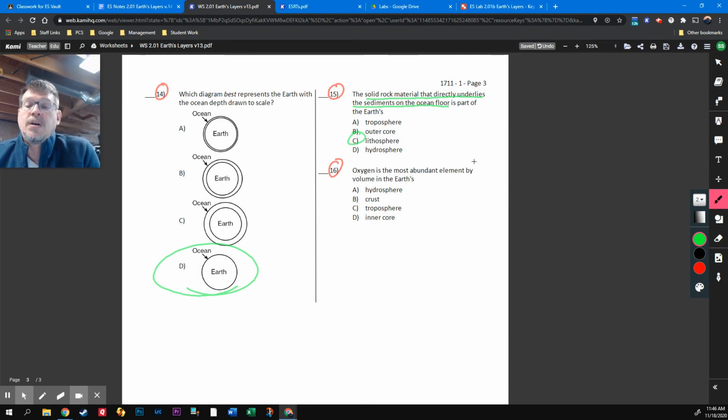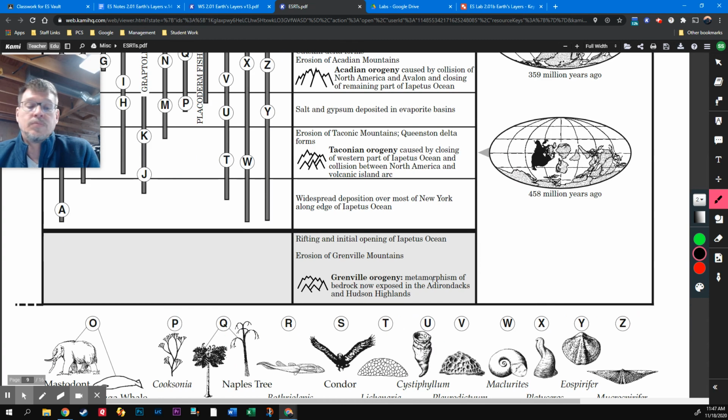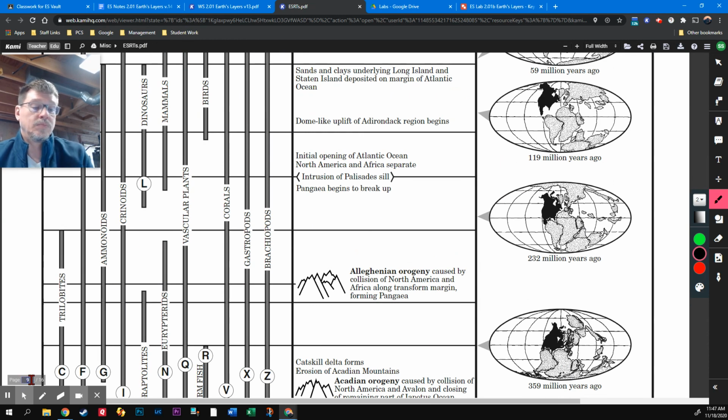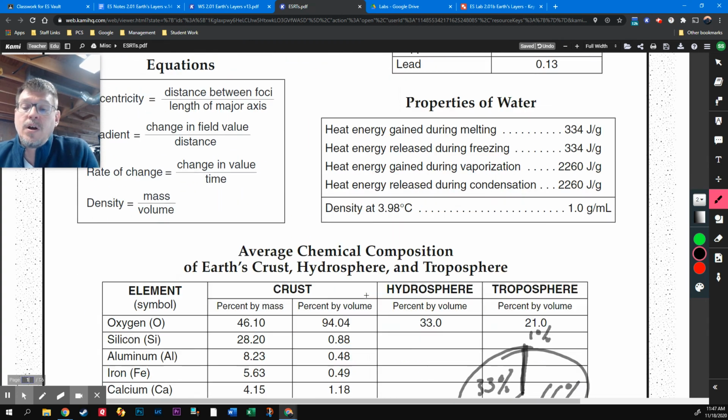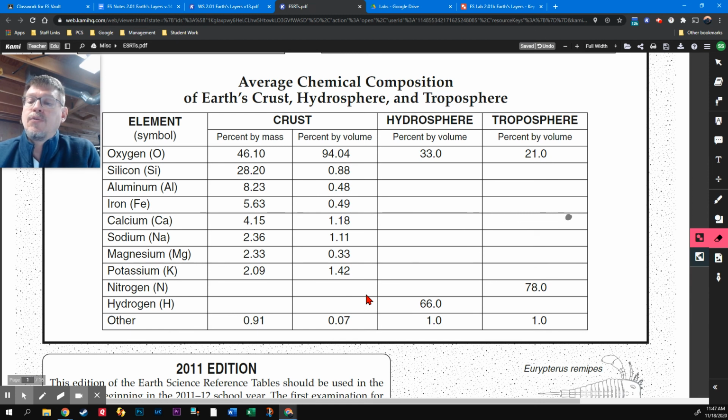Question 16. Oxygen is the most abundant element by volume in which of the Earth's layers? I'm going to go to the reference tables again, page 1, the average chemical composition of the Earth's crust, hydrosphere, and troposphere. Get rid of this little pie chart right here. We're looking for which layer has the most oxygen.